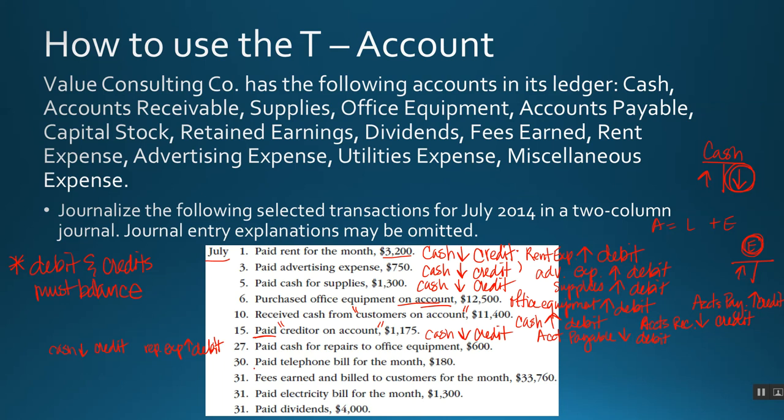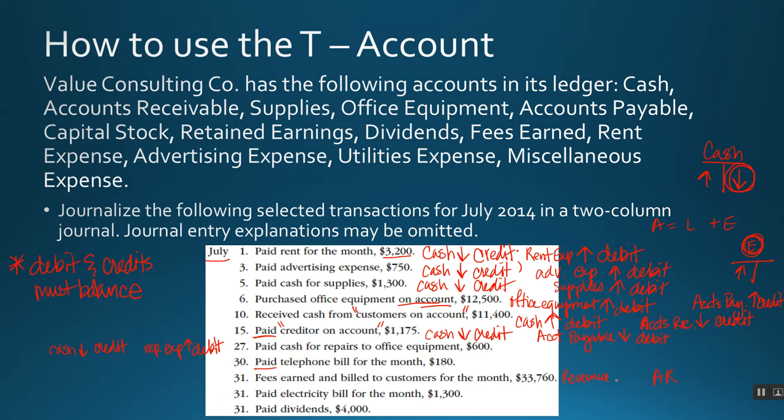So paid telephone, that's cash, and telephone expense or utility expense is an expense account of some sort. Fees earned is revenue. And billed to customers for the month, fees earned and billed. So did we get paid? No. So accounts receivable.